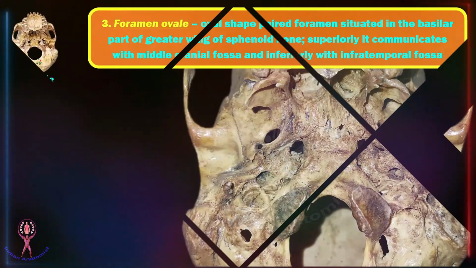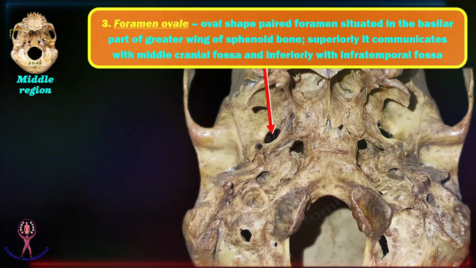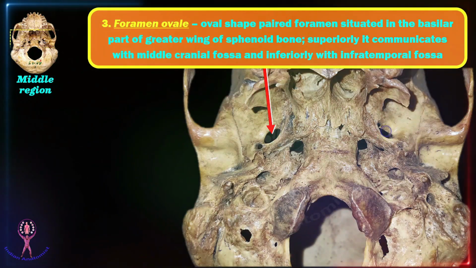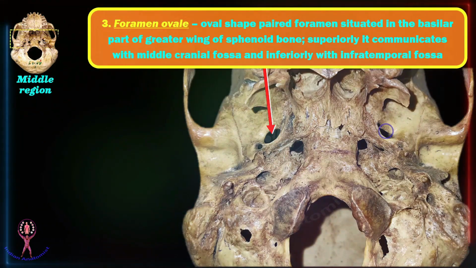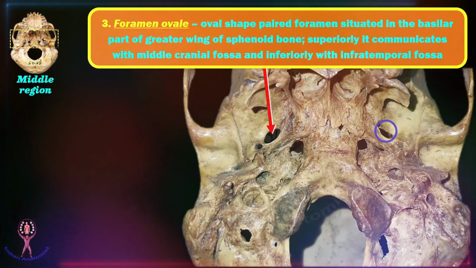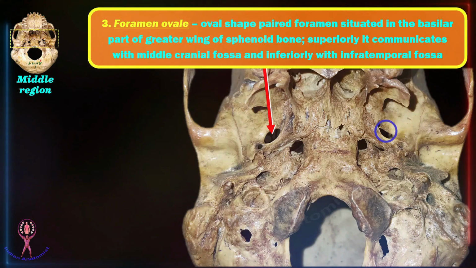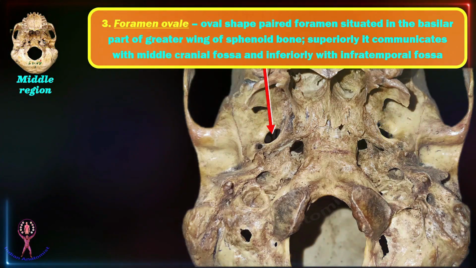Coming to the foramina present in the lateral portion of the middle region of norma basalis. The first foramen is foramen ovale. It is an oval-shaped foramen as the name implies, and paired foramina situated in the basilar part of greater wing of sphenoid bone. Superiorly, the foramen ovale communicates with middle cranial fossa and inferiorly with infratemporal fossa.